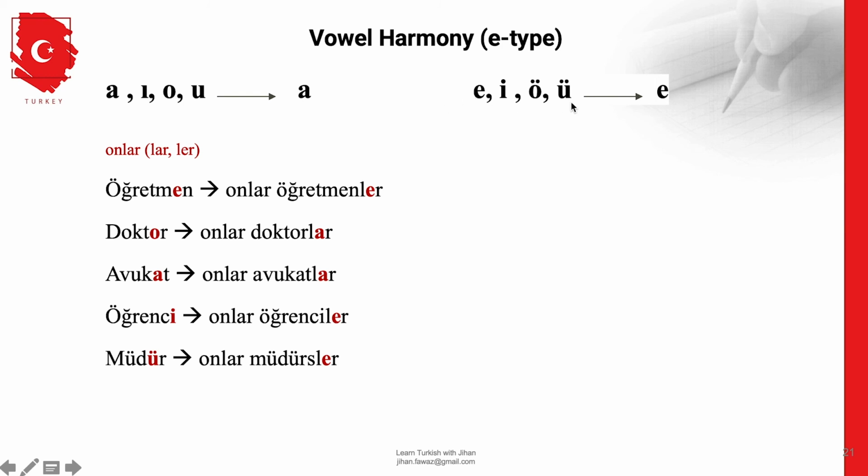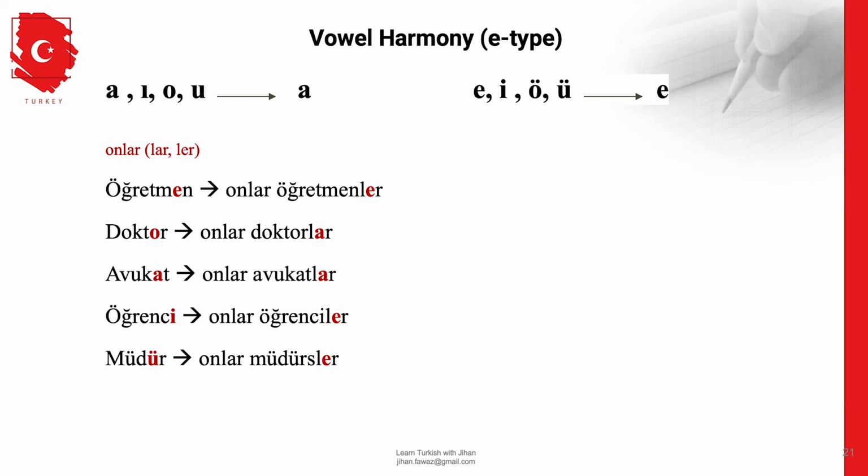If I have the other vowels, which are the soft vowels, e, i, ö, ü, we use the e. And if you notice, how can you differentiate them? You have the dots at the top of the letters with the letter e. Now, the suffixes of onlar are lar or ler.